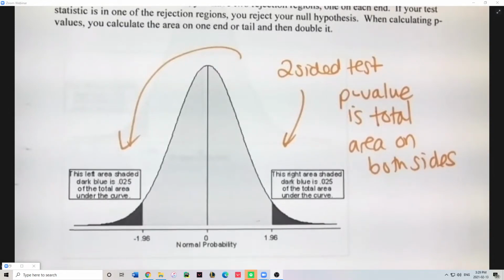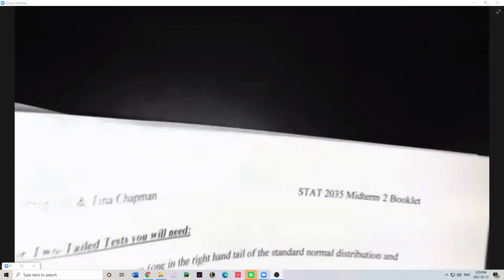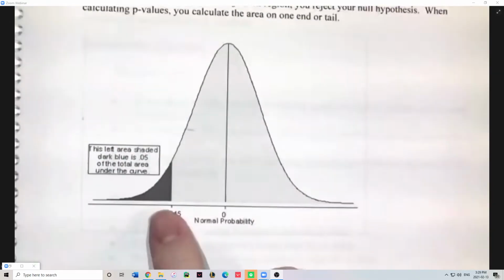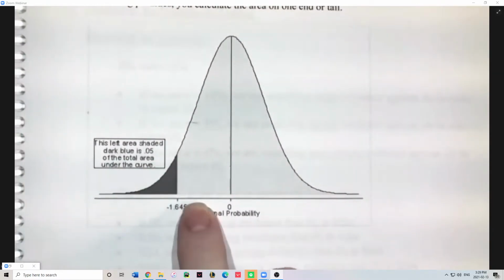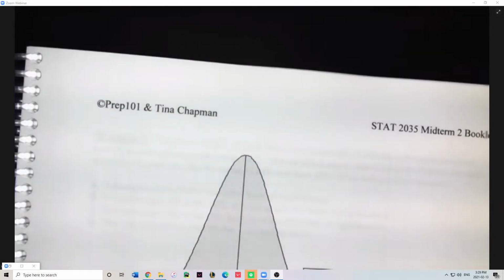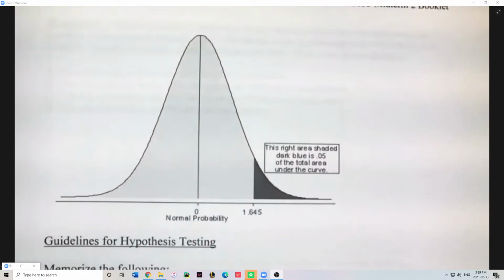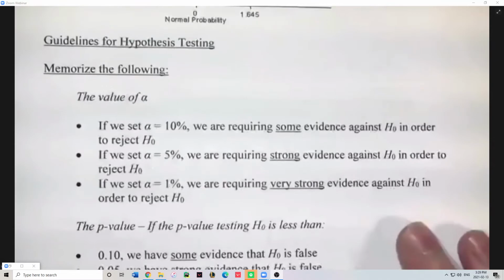And if it's just a greater than test, then we just shade above Z test. So this would be the shading for a less than test. We would shade below Z test. And we'll write this out as we do the examples. And our shading would be over to the right if we're doing a greater than test.